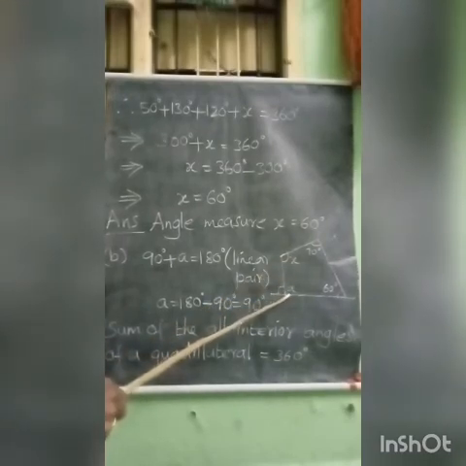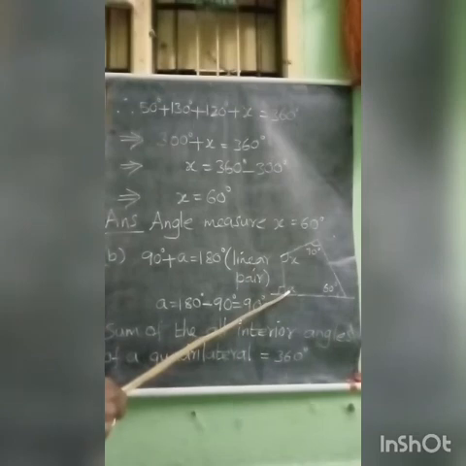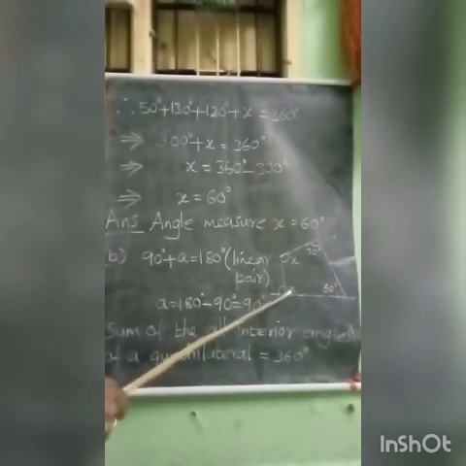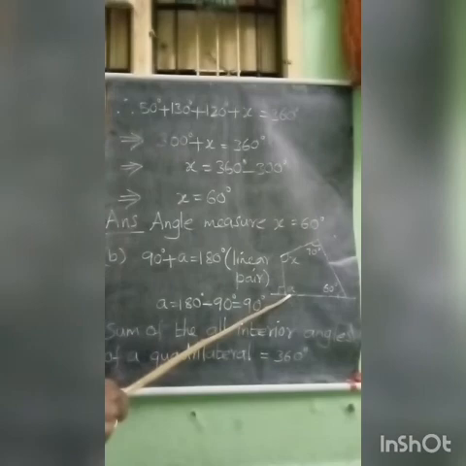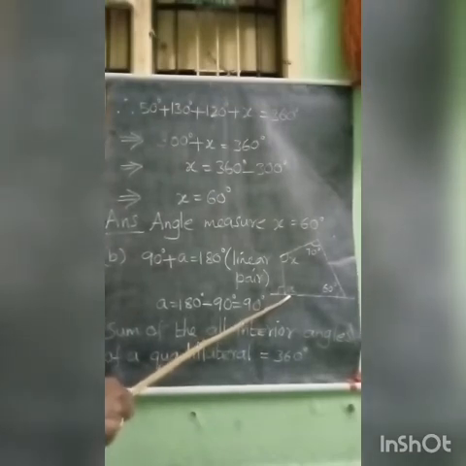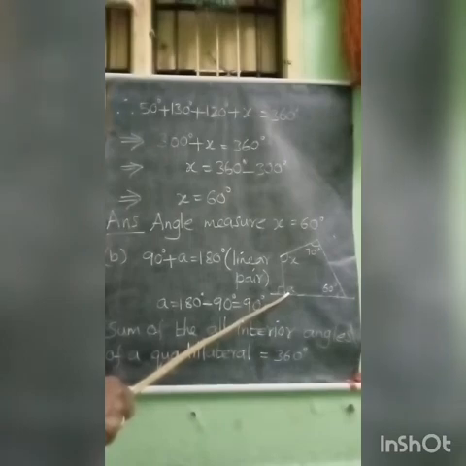Here, take this unknown angle as A. The exterior angle marking is 90. These two angles are a linear pair. A linear pair means adjacent angles, and their angle measures are supplementary.